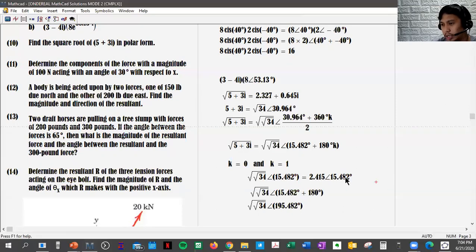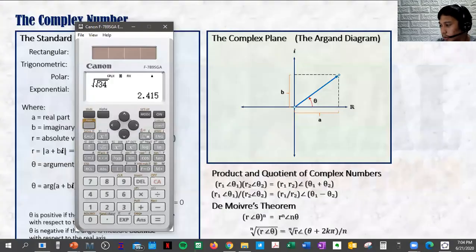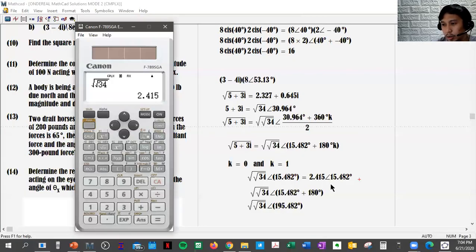Now, if we are to write this into its rectangular form, 2.415 angle 15.482.